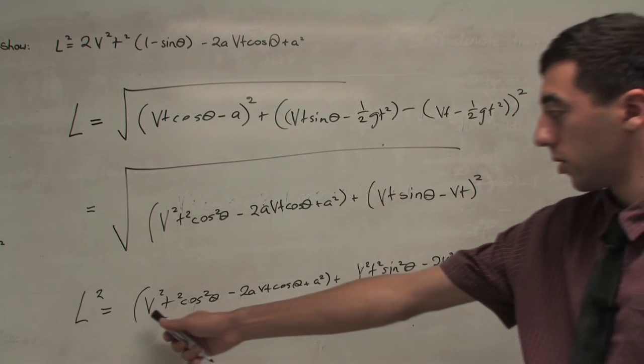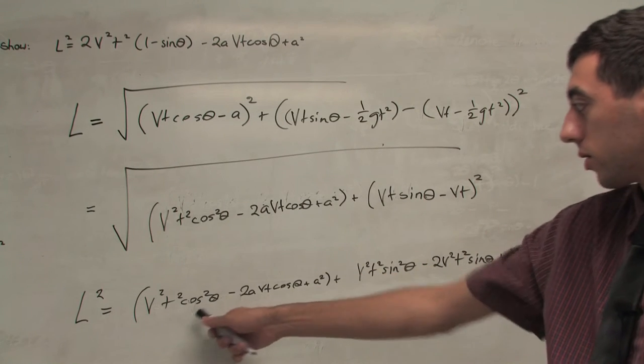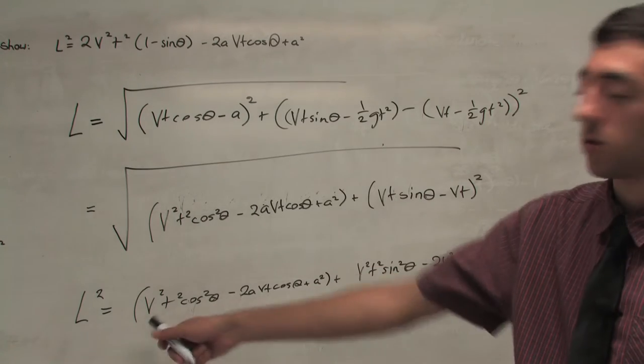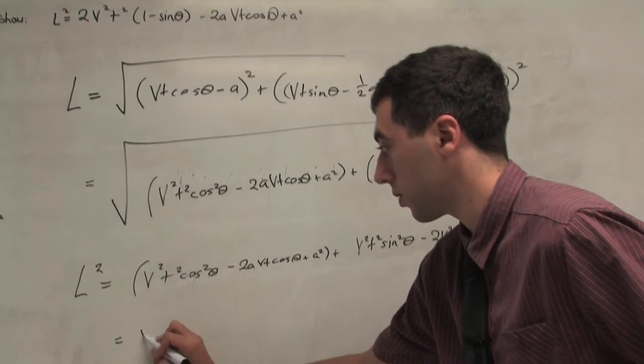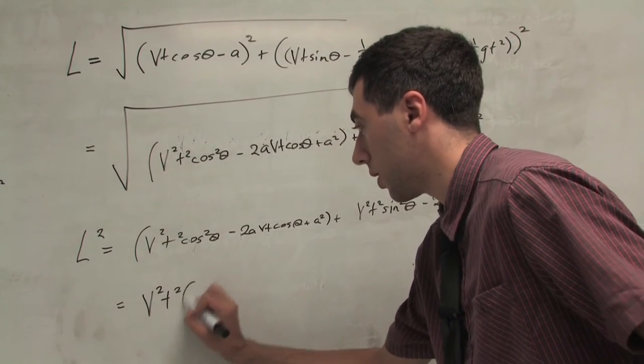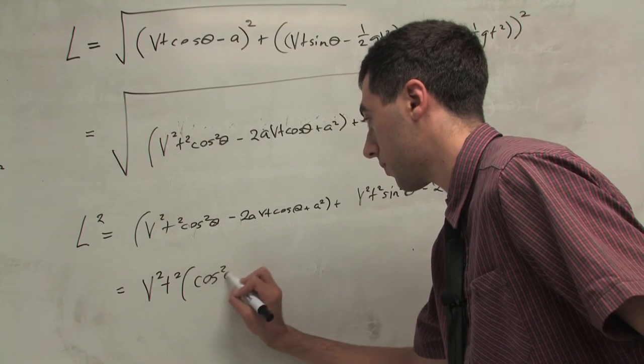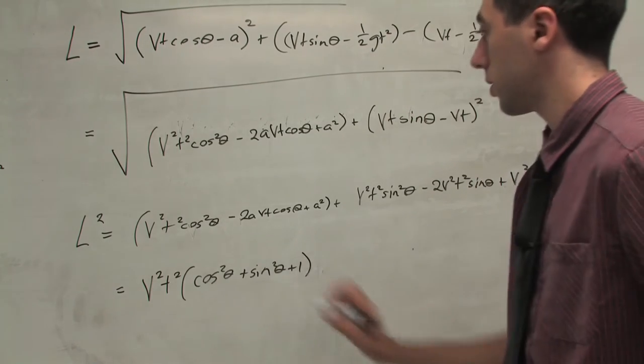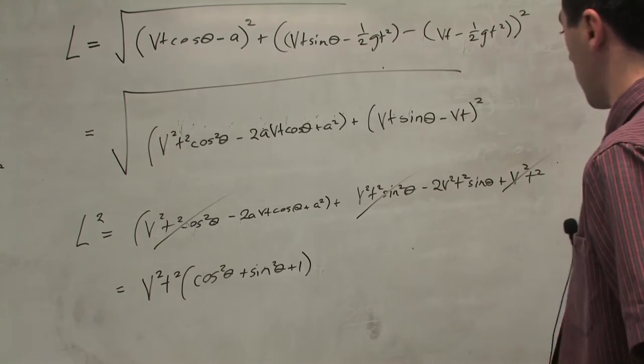Okay, so if we notice, v squared t squared cos squared theta, they all have the same coefficient of v squared t squared. So we'll factorize that. We'll take out v squared t squared and in a big bracket write cos squared, sin squared and 1. So now we can get rid of those terms as we look at it.